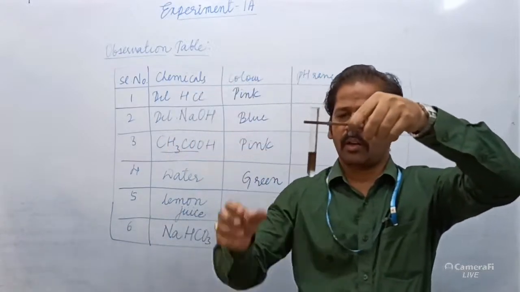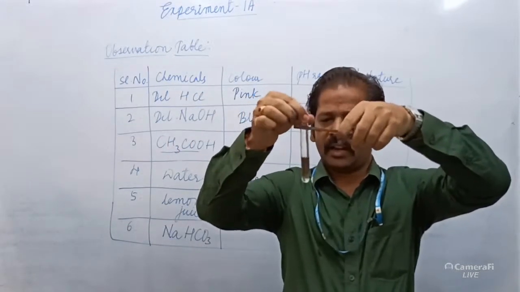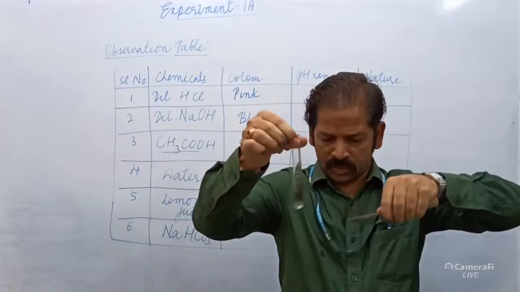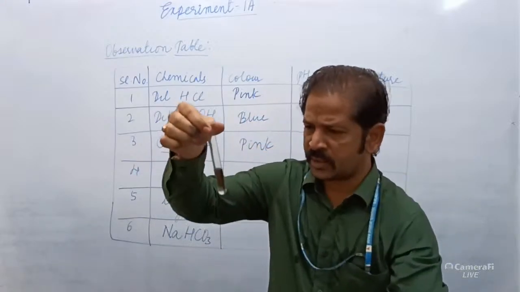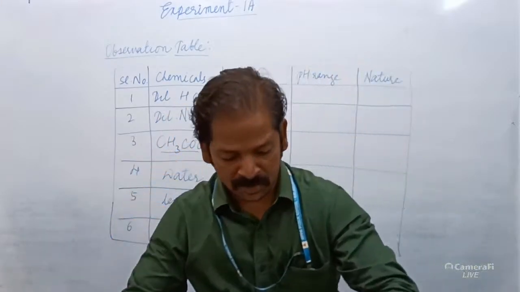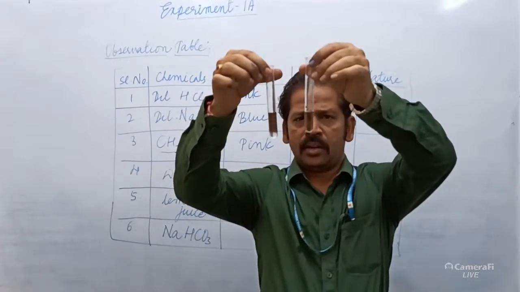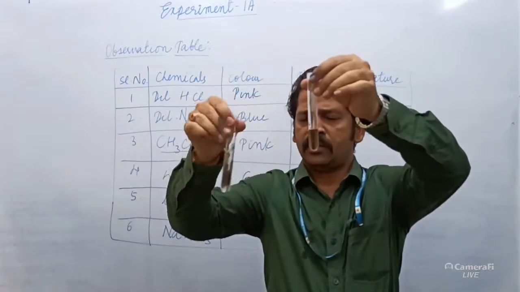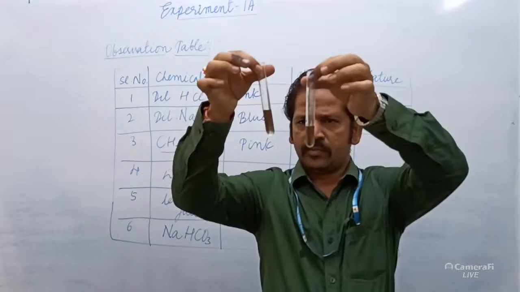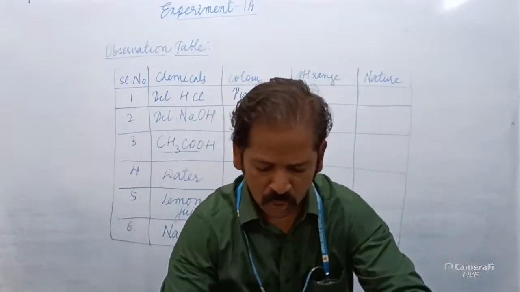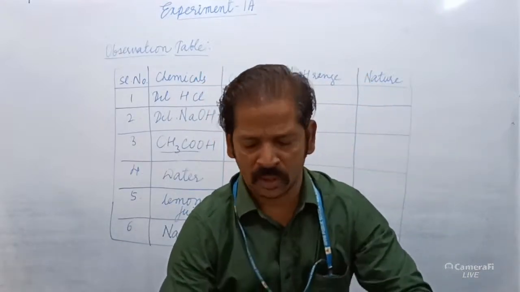Yes, its color is also almost green. I want to see what difference there is in the pH value. It is almost green only. It is a salt, almost neutral.